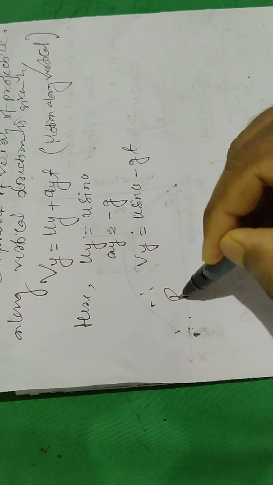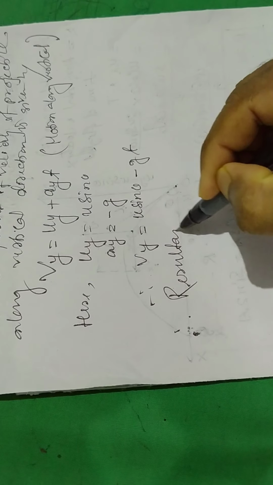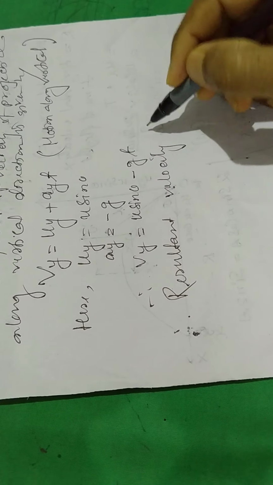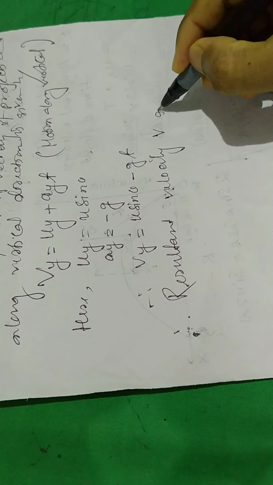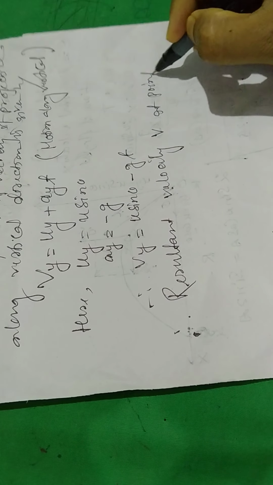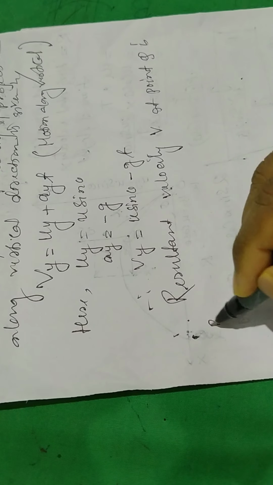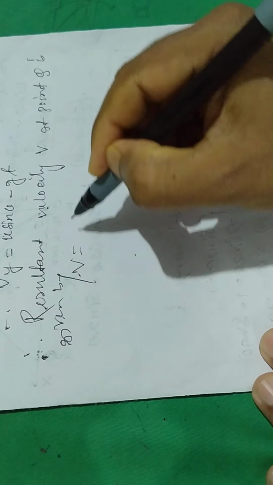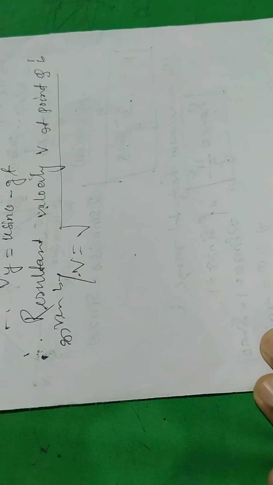Therefore, the resultant velocity v at point Q is given by v equals, following the triangle law of vector addition, resultant R equals root over P square plus Q square plus 2PQ cos theta.